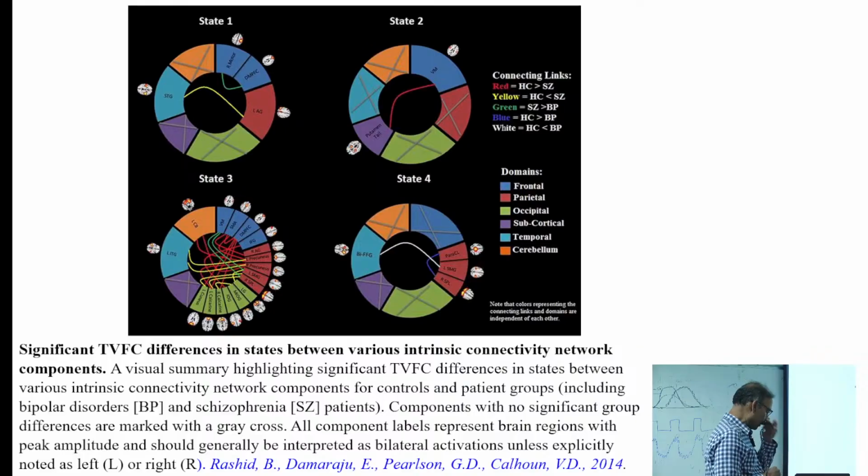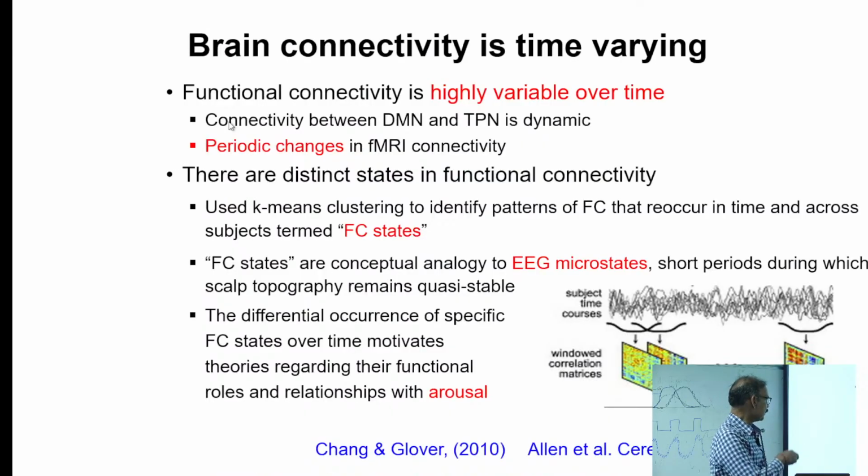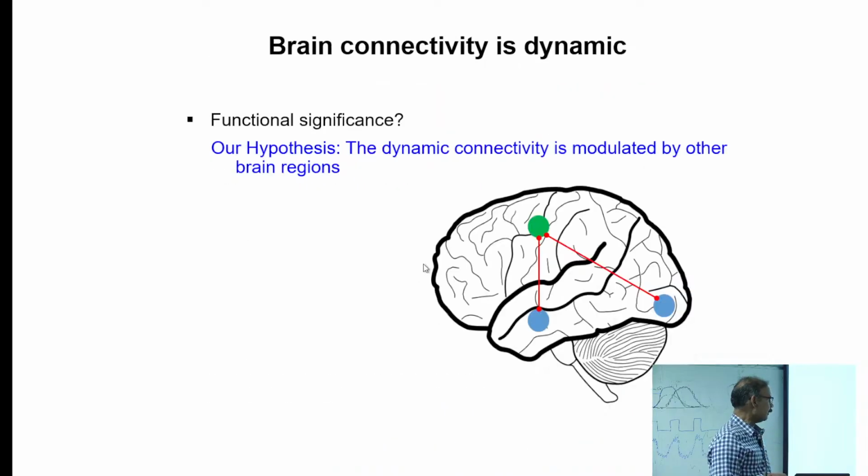So I think this is restating what I covered. What we were interested in is, when you have two regions which are connected, could it be that there is something unique between them?